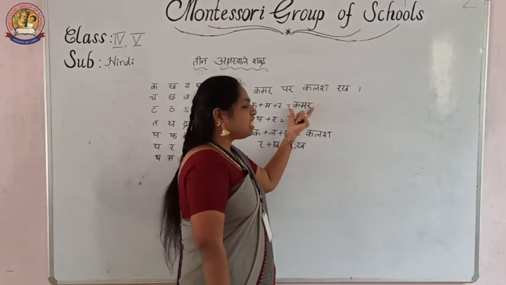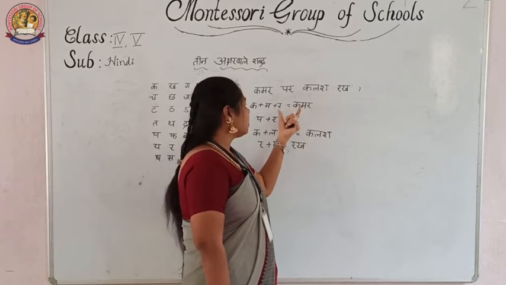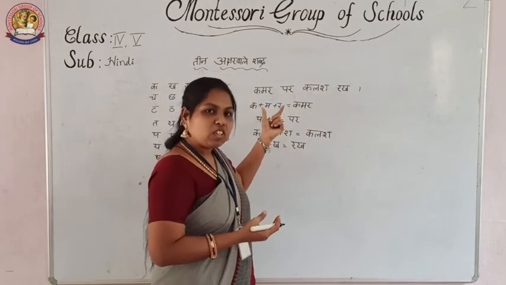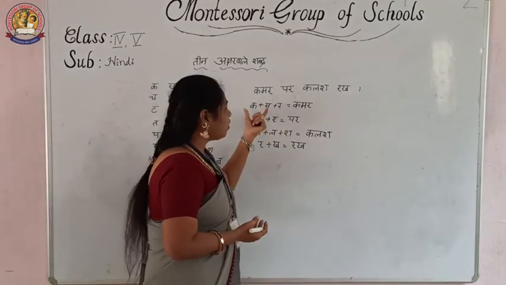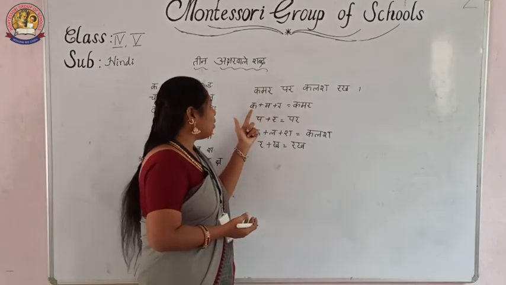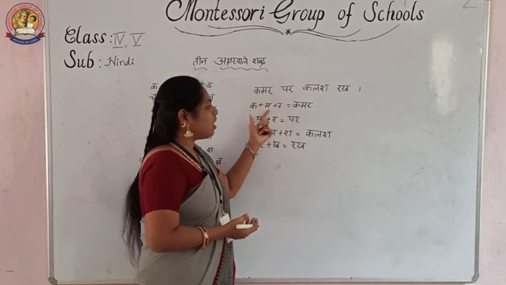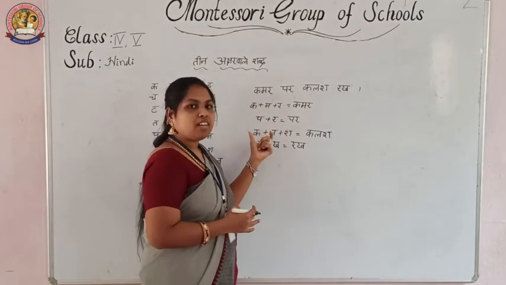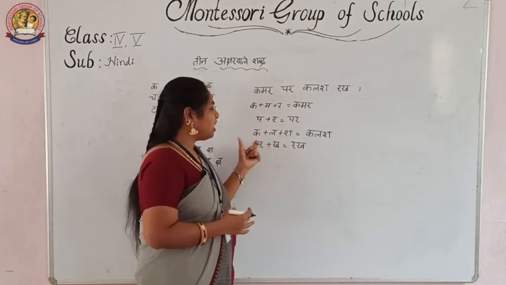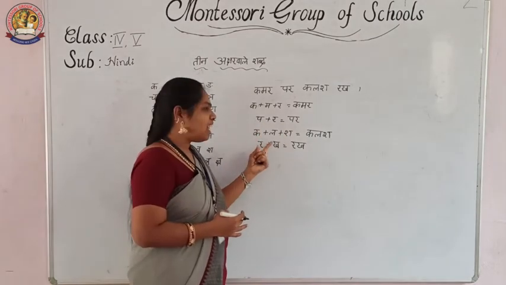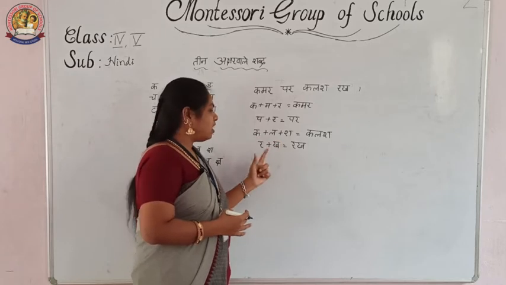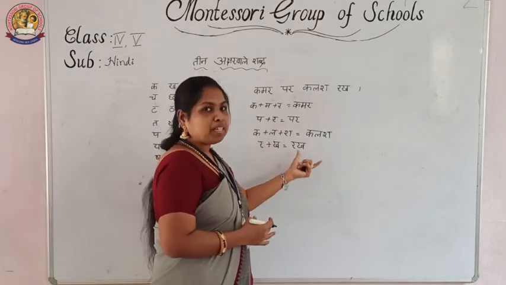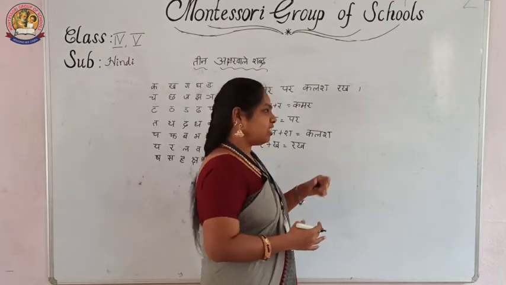See, easy method. How to read? First letters. You have to identify what the letters are, without a symbol only, no? Then you have to identify all this. Compulsory. Ka, ma, ra. Then join it. Kamar. Pa, ra. Par. Kamar, par. Kalash. Ka, la, sha. Kalash. Ra plus kha. Rakh. Kamar par kalash rakh.